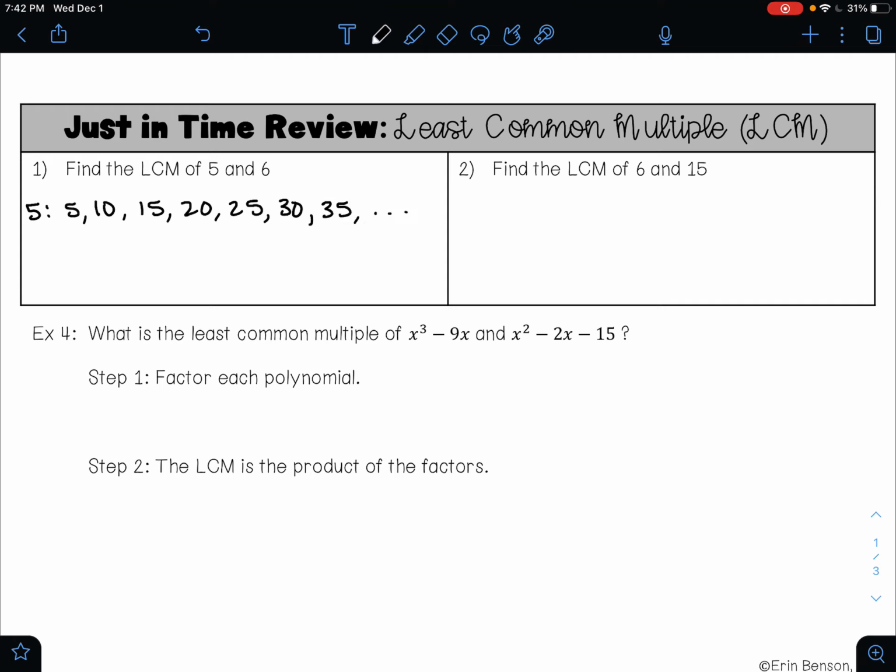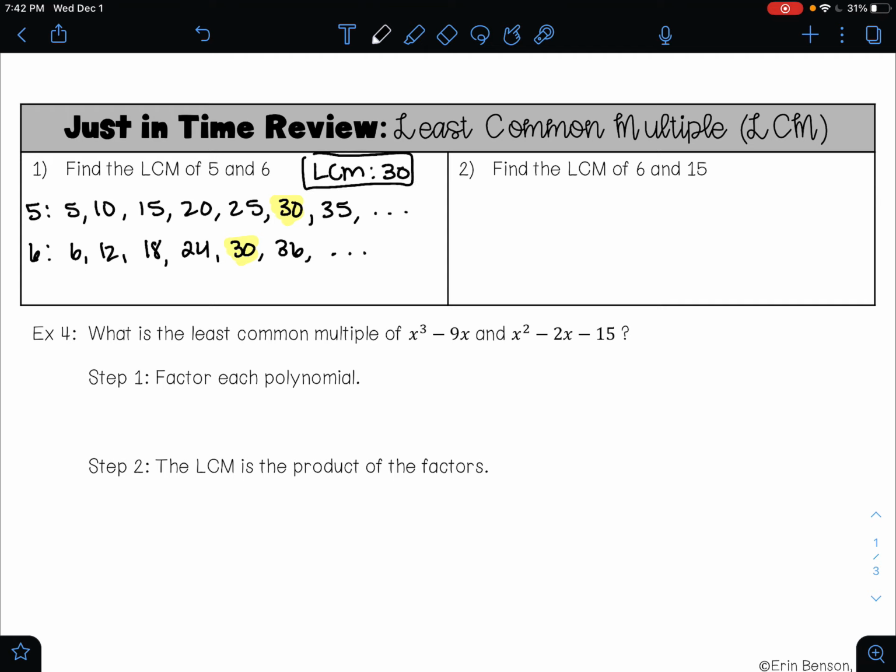The multiples of 6 are 6, 12, 18, 24, 30, 36, and so on. What is the smallest multiple that these numbers have in common? 30. So our least common multiple of 5 and 6 is 30.